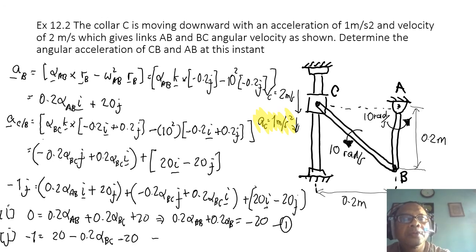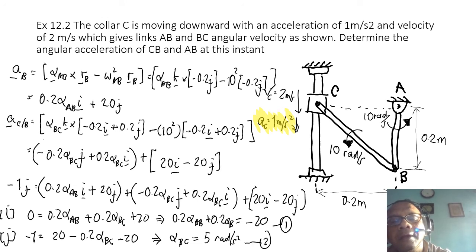So we have 20 minus 20, and alpha BC equals 5 radian per second square.